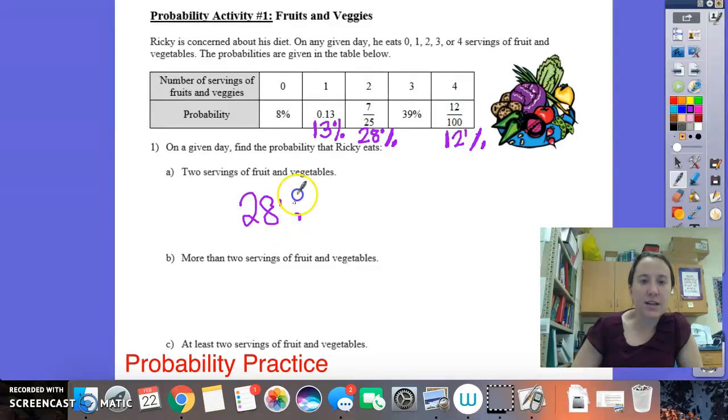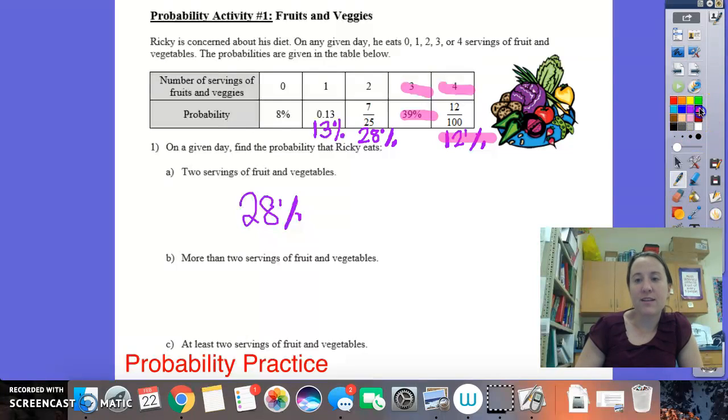The next question is a little bit less straightforward. It talks about the probability that he eats more than 2 servings of fruits and vegetables. If I look at my table, more than 2 could be 3, and it also could be 4. So it's saying what's the probability that on any given day it's one of these 2. For 3 servings of fruits and vegetables, it's 39%, and then for 4, it's 12%.